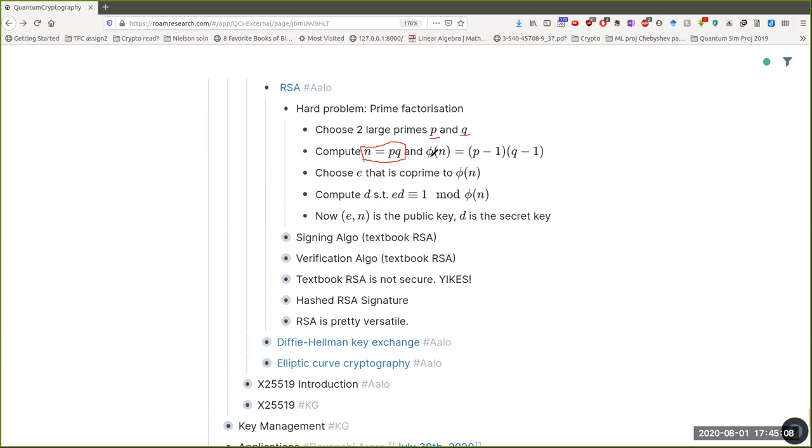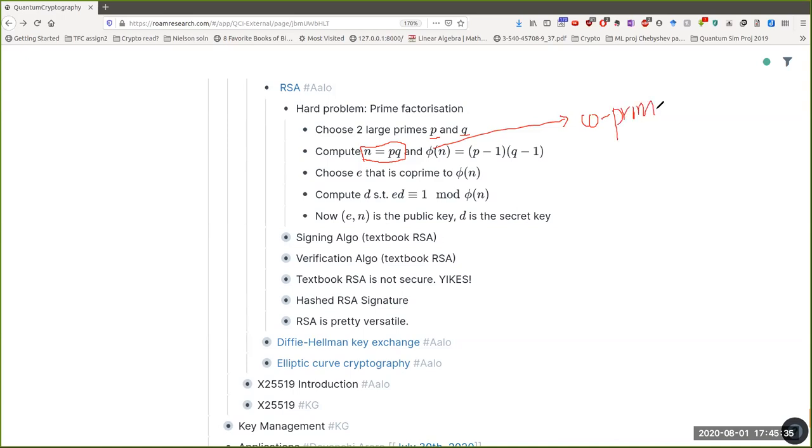And this is again for people who know group theory, modular theory. So you'll know that this is Euler's totient function. So phi of n gives me (P minus 1) times (Q minus 1). Euler's totient function basically tells you how many numbers are co-prime to n.